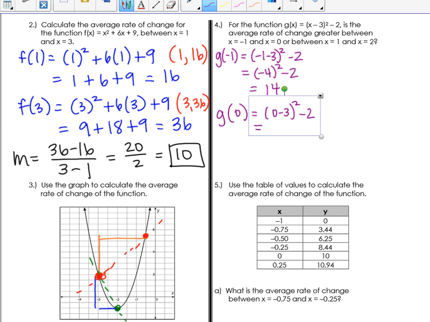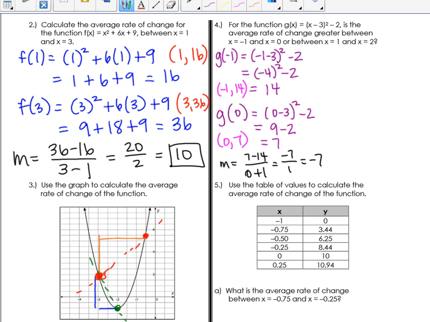So you get (-3) squared, which is 9. 9 minus 2 is 7. So the 2 points you're looking at there are (-1, 14) and (0, 7). So if we calculated our rate of change there, we would have 7 minus 14 all over 0 minus a -1. So we would get -7 over 1, or -7.